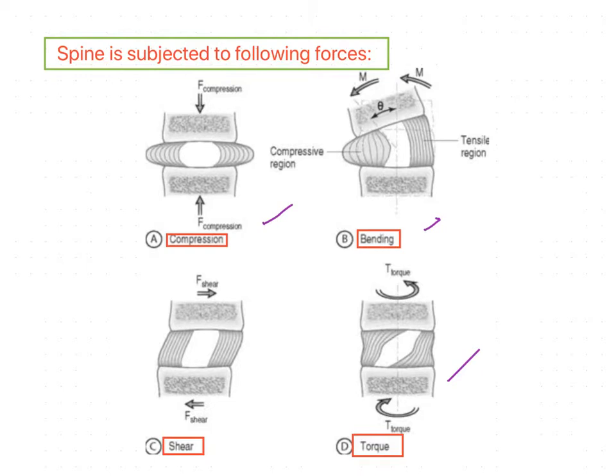So the cervical spine, thoracic spine and lumbar spine may show different kinds of ability to resist these loads.